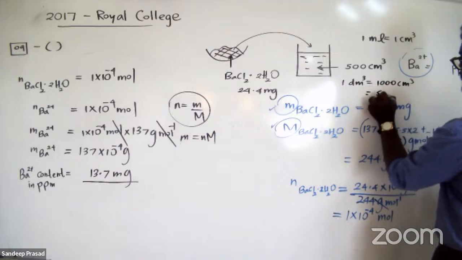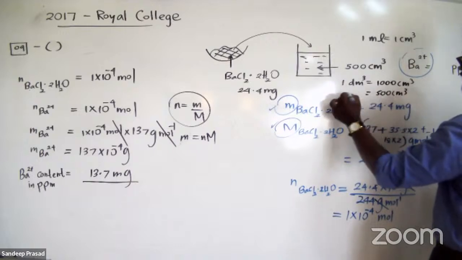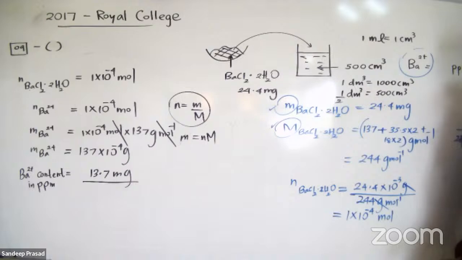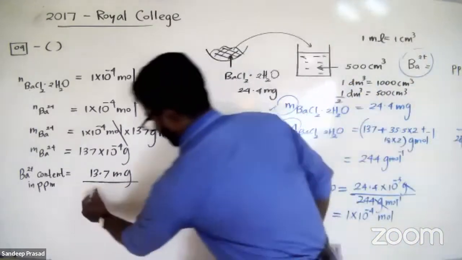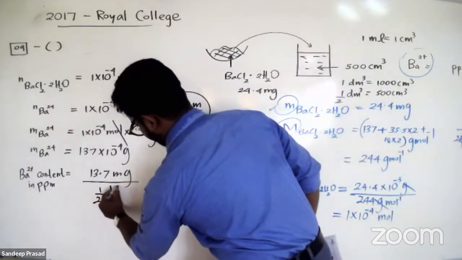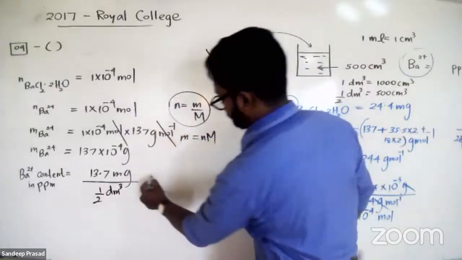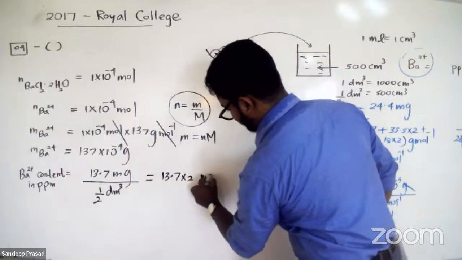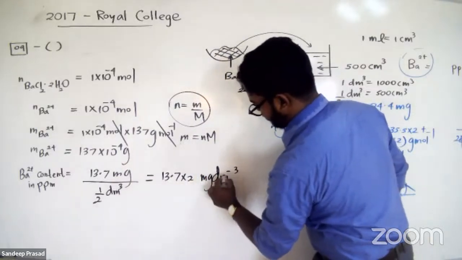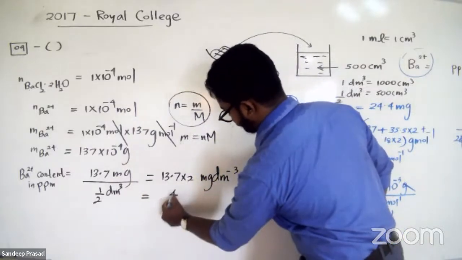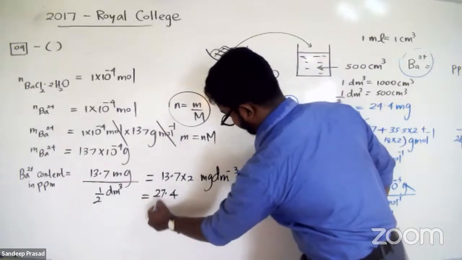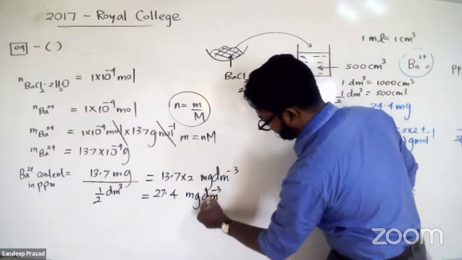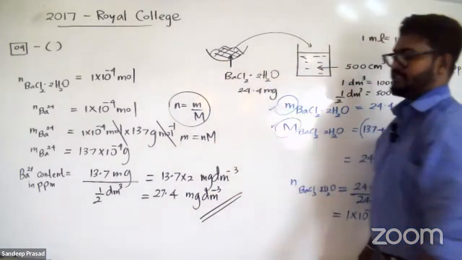Then 500 cubic centimeters is half a cubic decimeter. Divide this by half a cubic decimeter because the solution volume is half. Then 13.7 into 2 milligrams per cubic decimeter. Now you can get the answer: 27.4 milligrams per cubic decimeter.